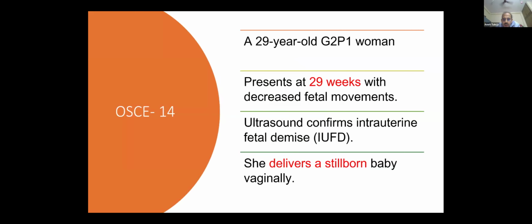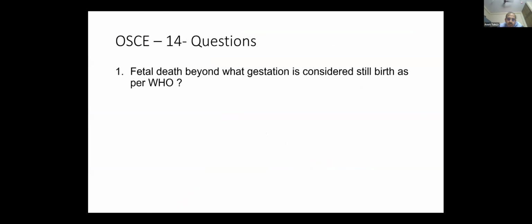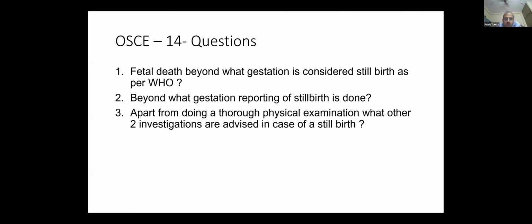This is on stillbirth, 29 weeks of gestation, and this baby was delivered as a stillbirth. So the questions ask, fetal death beyond what gestation is considered stillbirth as per WHO? Beyond what gestation do we have to report? The stillbirth reporting is done beyond what gestation?